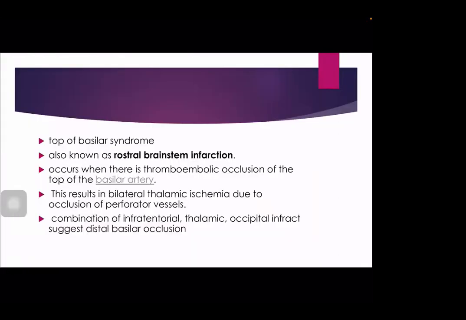The top of basilar syndrome, also known as rostral brainstem infarction, is seen when there is occlusion of the tip of the basilar artery. This results in involvement of the infratentorial, thalamic, occipital, and cerebellar infarction.